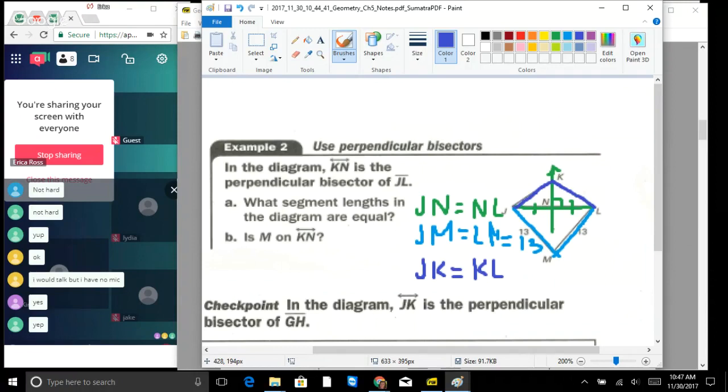So we know that basically we have 3 sets of segments that are congruent or equal to each other.